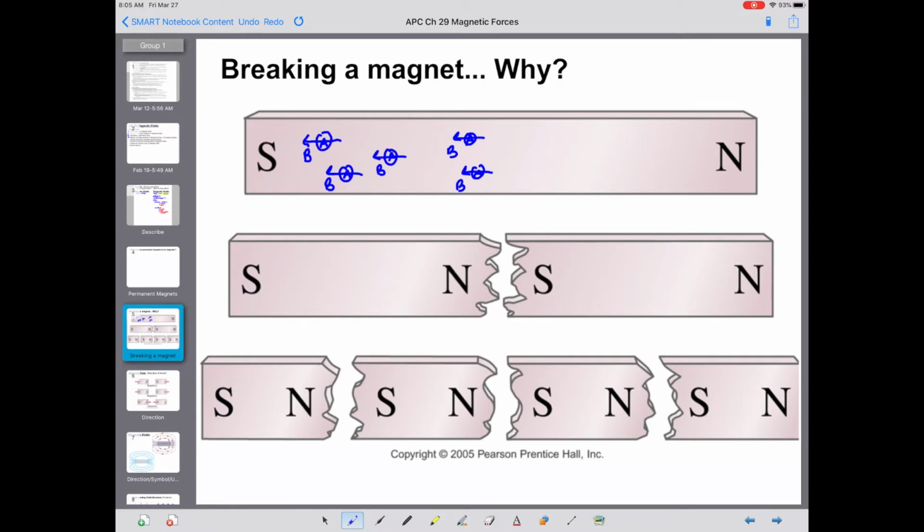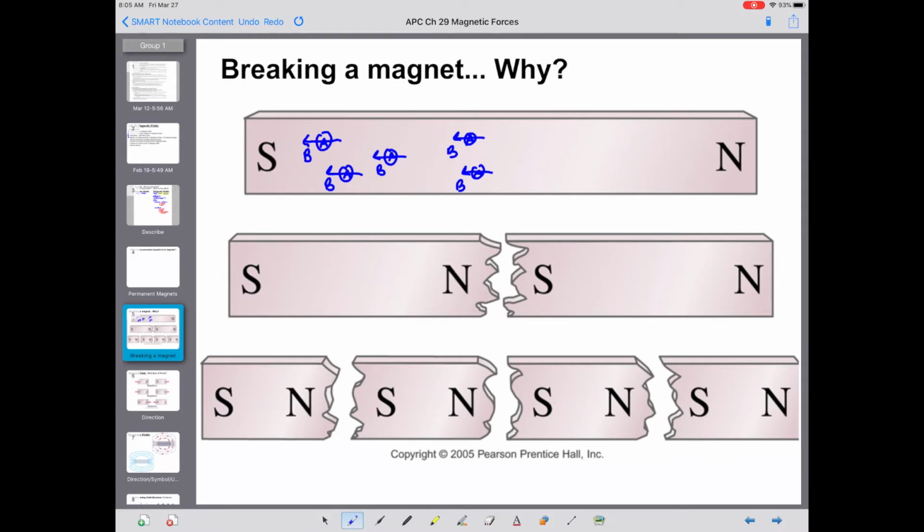When you cause those to align, for example, you put those atoms in a strong external magnetic field, you align the little atom magnets and you cause a substance to become a permanent magnet, as shown in the top figure.